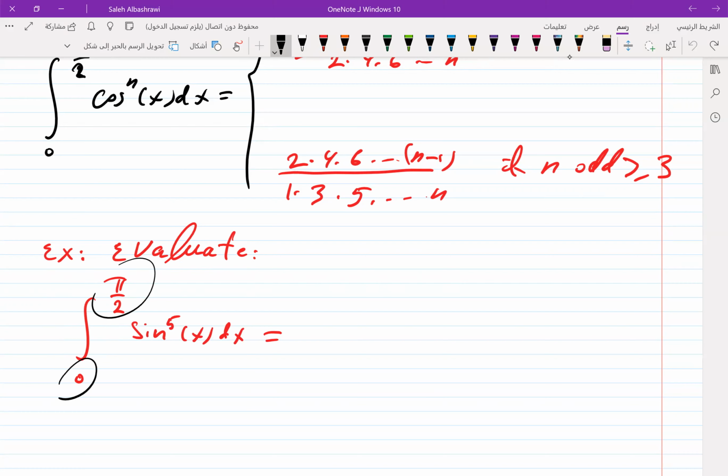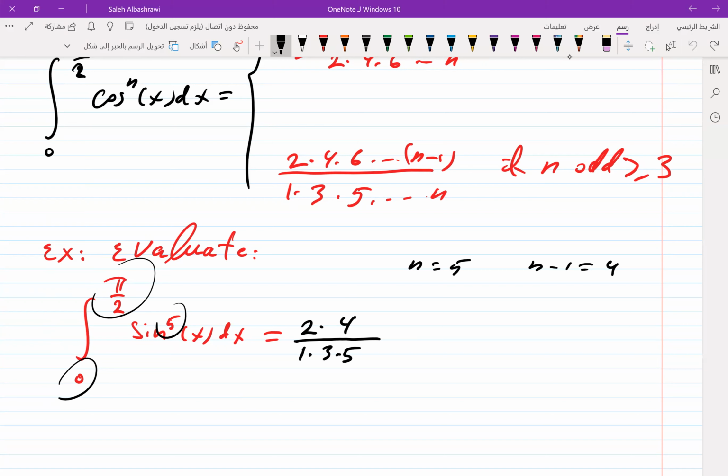So these are okay. Power 5, odd number. So the value for this one will be 2 multiplied by 4 up to n minus 1. n is equal to 5, so n minus 1 will be 4. So it is 2 multiplied by 4 divided by 1 times 3 times 5.